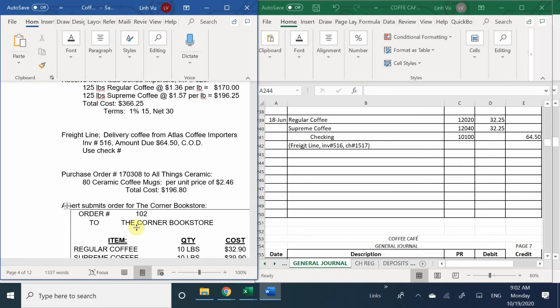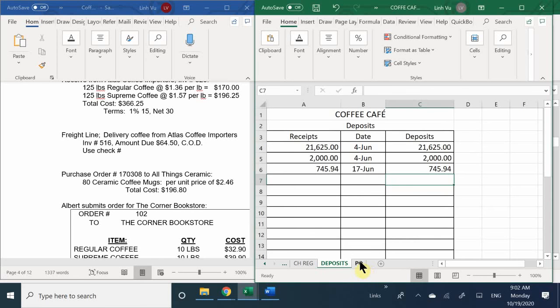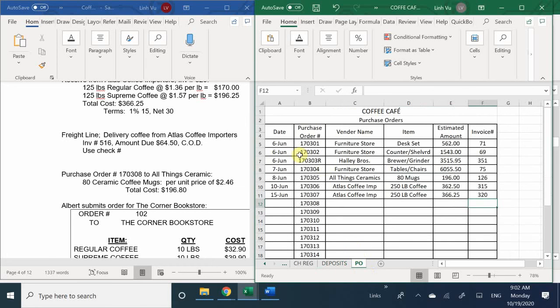So next is purchase order number 703082, All Things Serving. Okay, and in the purchase order register. Purchase register? Yeah. Okay, so we're going to go to purchase orders. All right, here we go. Purchase number 308.